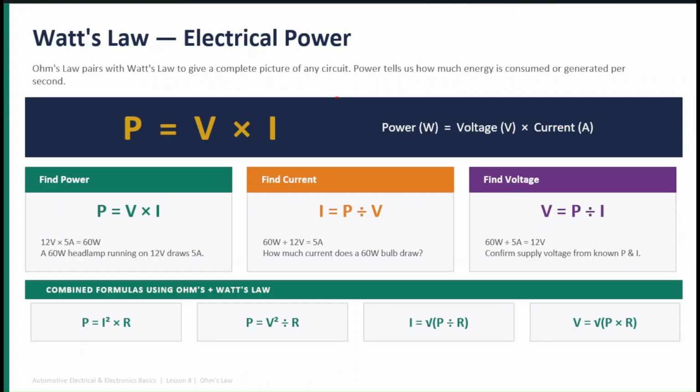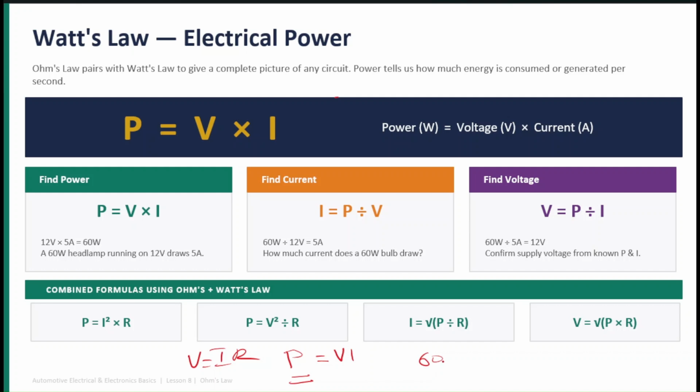Now let us relate the two laws. One is Ohm's law, which is nothing but V is equal to IR, and one more is Watt's law. Watt's law states that P is equal to VI, where P is the power. What is power? When you go and buy a bulb, they will tell you, okay, 60 watts bulb.